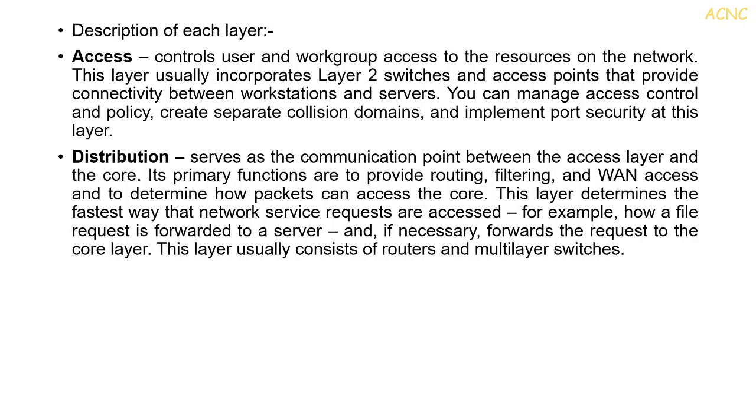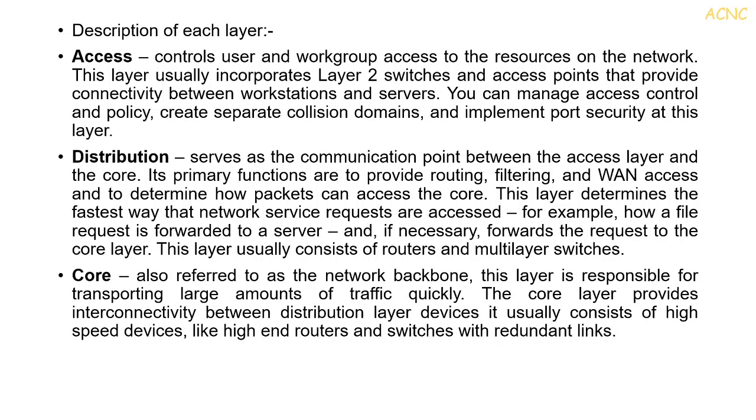This layer determines the fastest way that network service requests are accessed, for example, how a file request is forwarded to a server, and if necessary forwards the request to the core layer. This layer usually consists of routers and multi-layer switches. So in the distribution layer we have routers and switches as per the Cisco layer hierarchy.